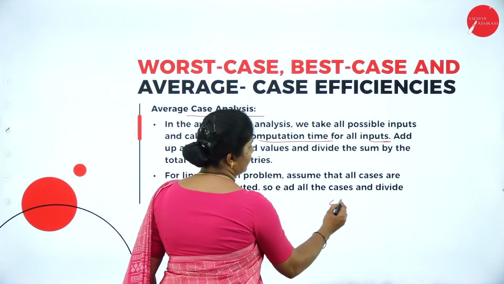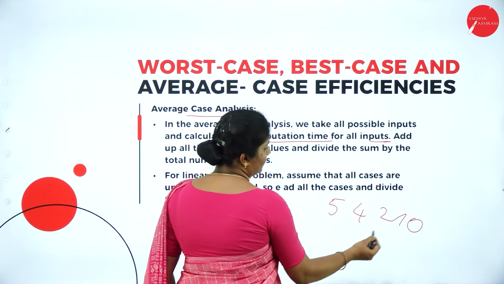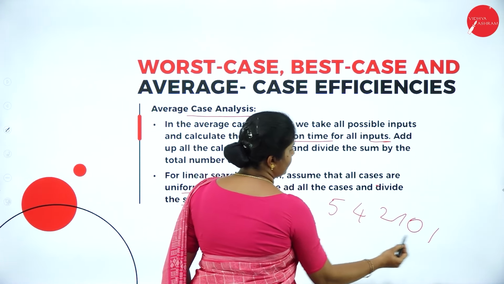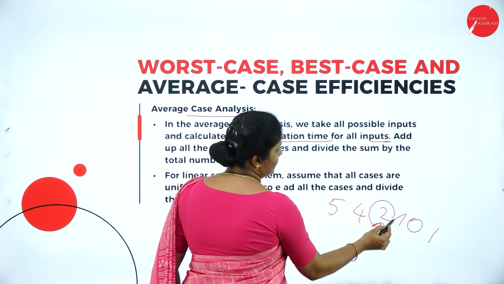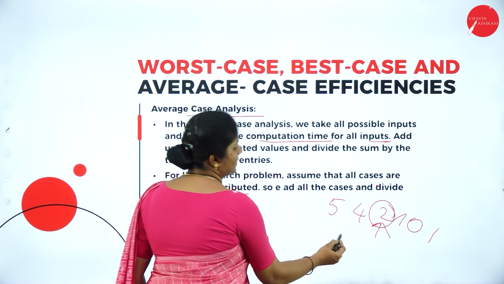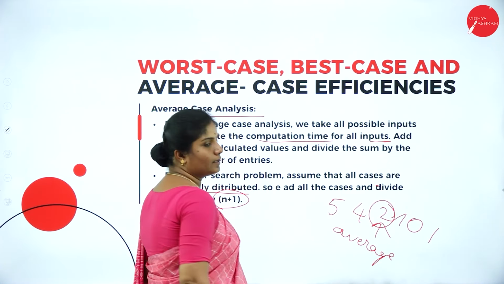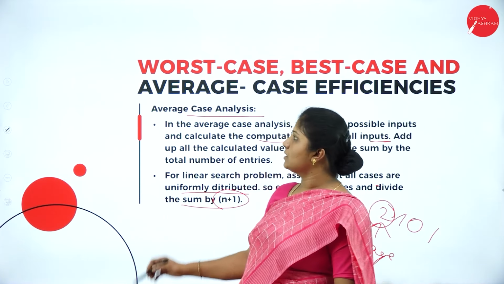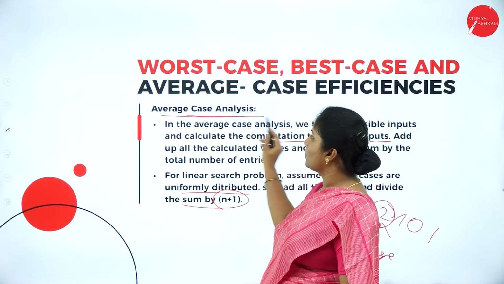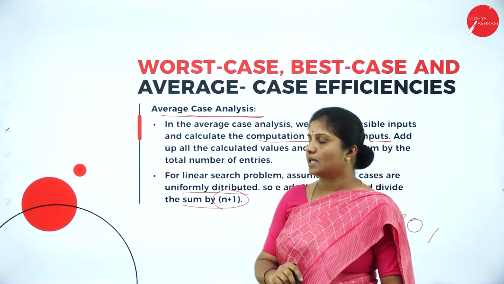For example, if we have 5, 4, 2, 10 and my searching value is 2, the element is present in the middle, then we can say it takes an average searching time to find a key element. This is how we do the average case analysis.